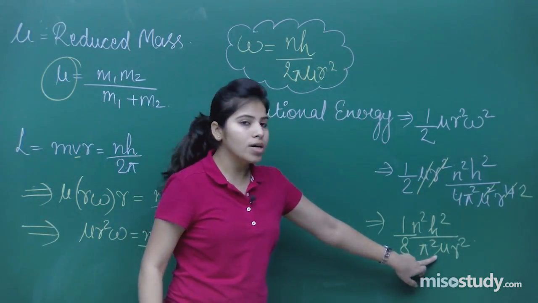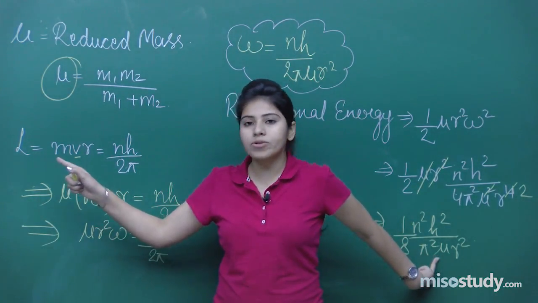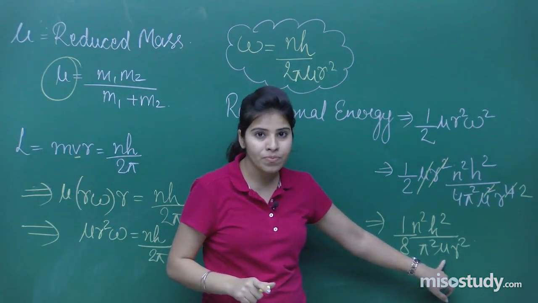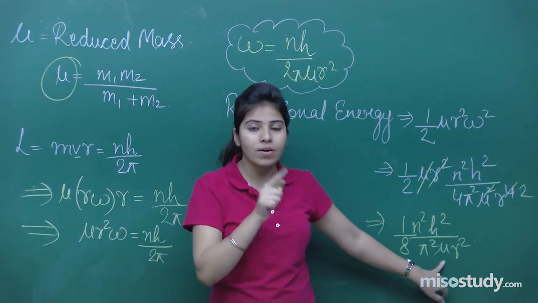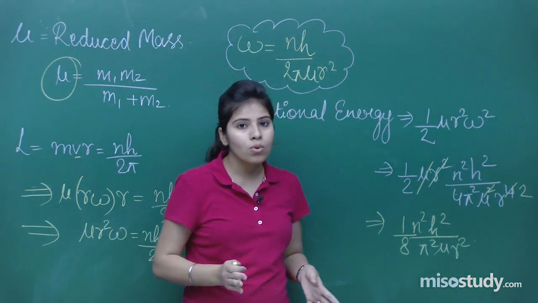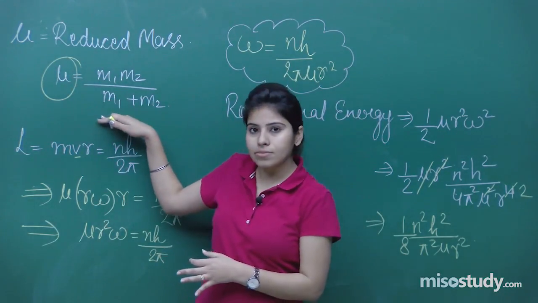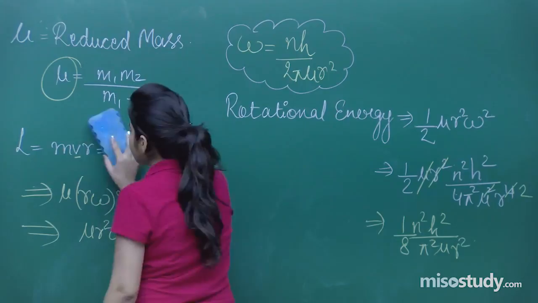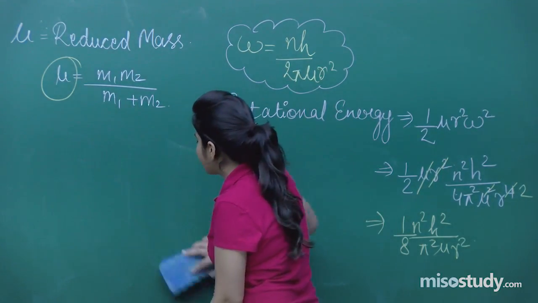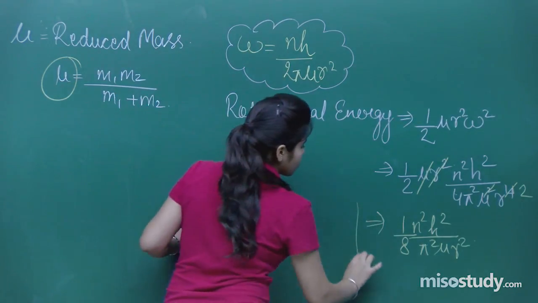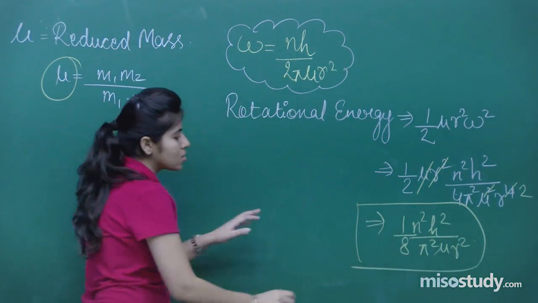Now as in the options I can see that the value has not been given in the form of mu, it has been given in the form of m1 and m2, we are going to put the value of mu as this, right? Simple as that. So I am going to rub this part, and now put this value in place of this.